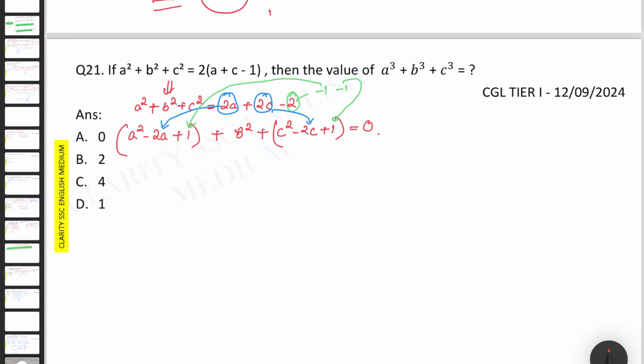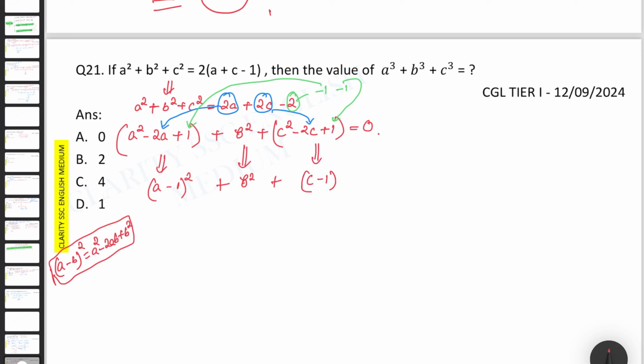So let me write here. This one is nothing but (a minus 1) whole square. Why? Because (a minus b) whole square is equal to a square minus 2ab plus b square. I'm applying this formula here only. And this one is b square. And the same formula applies here, (c minus 1) whole square.